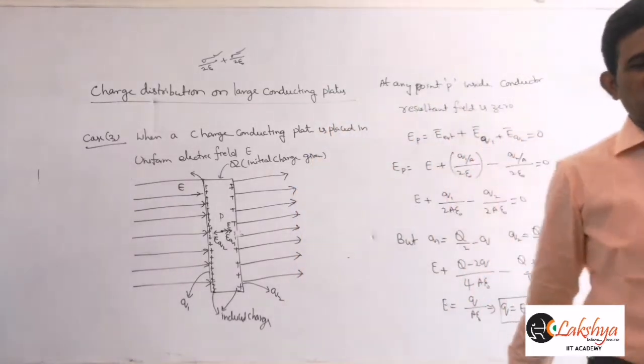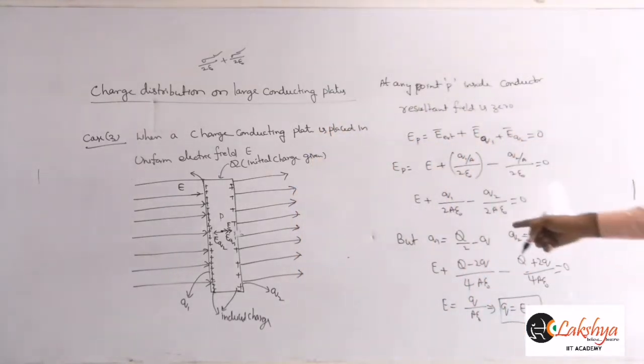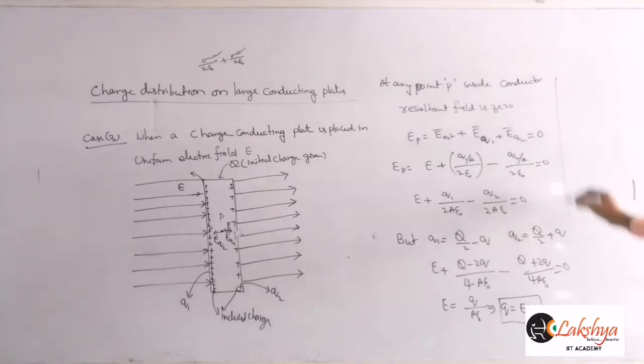Additionally, we need to add Q by 2 and Q by 2. Therefore, the charge on the left side will be Q by 2 minus E into A into epsilon naught. So that is what I said there.